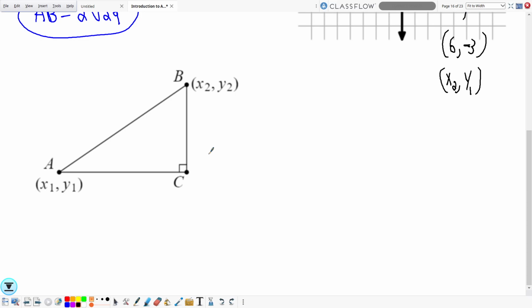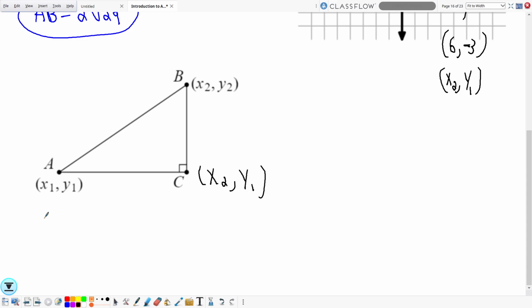We want to assume we don't know any of these numbers, but we can deduce that point C must have the same x value as B and the same y value as A. Because if you look at C, it's vertically in the same position as A and horizontally in the same position as B.